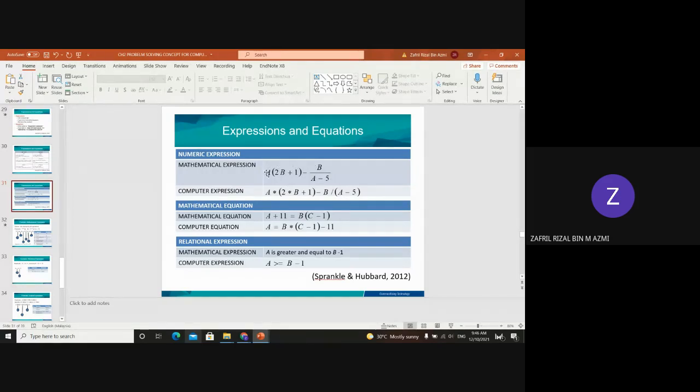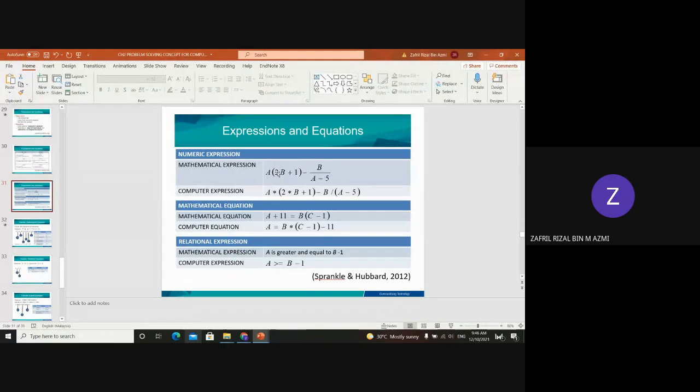So you cannot simply copy this and put it in your program. Because of what, class? If you just copy and paste to your program, what will happen? Error, because the compiler doesn't understand this. A bracket, what does A bracket mean? What does 2B mean? If you put 2B, the compiler is not going to understand this.